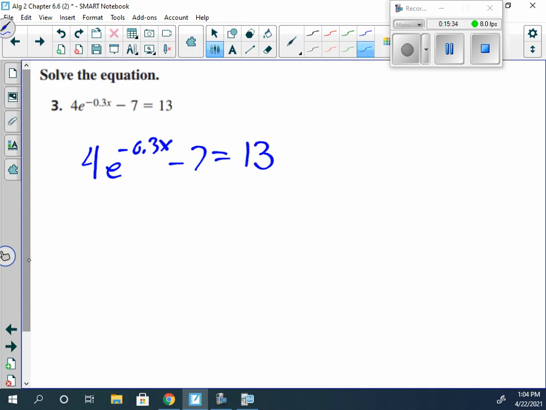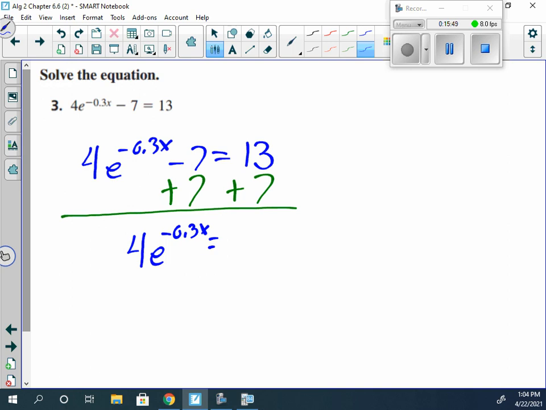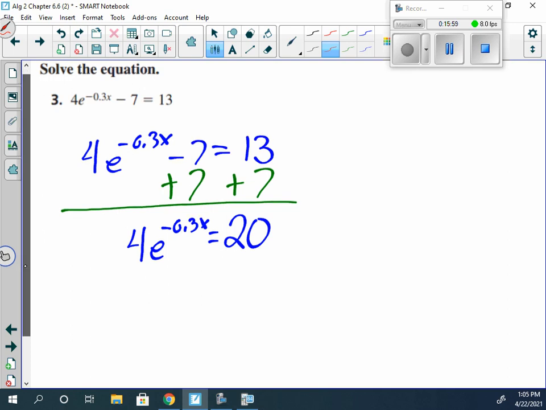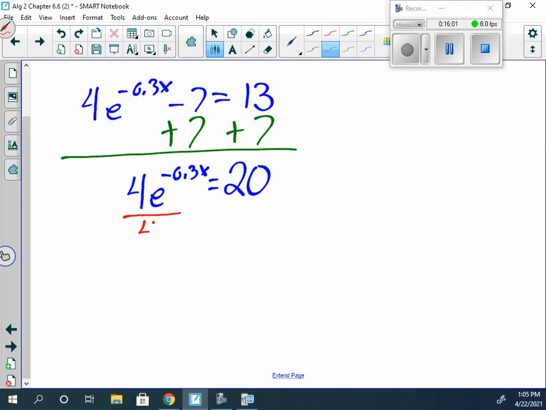what can we do first? We can add 7. We would add 7 first, and then we would divide by 4, because we're trying to get e by itself.